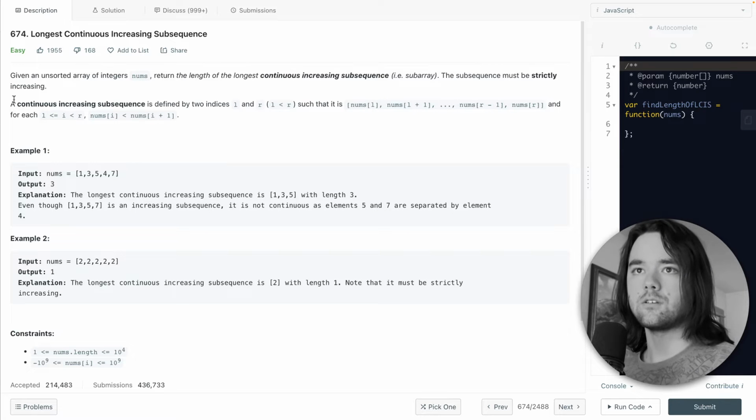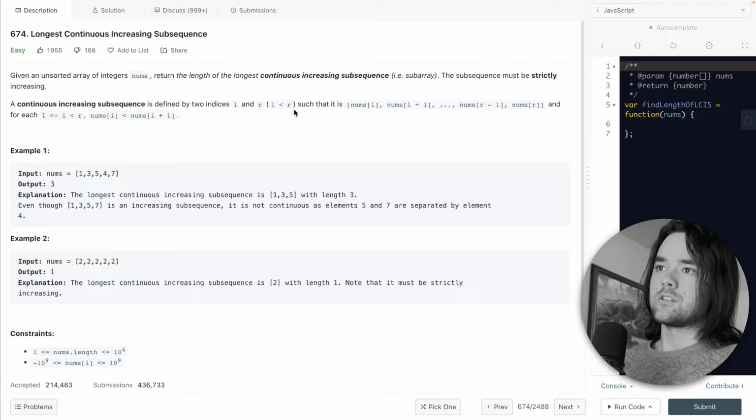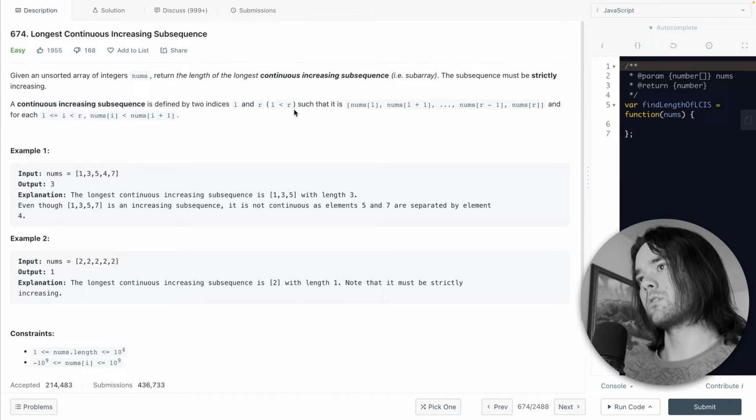A continuous increasing subsequence is defined by two indices, l and r, where l is less than r, such that it is nums[l], nums[l+1], and so on.